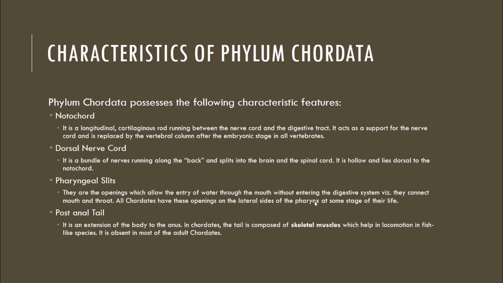All chordates have this opening on the lateral side of the pharynx at some stage of their life, including the invertebrate chordates and the vertebrate chordates. Then the post-anal tail. It is an extension of the body beyond the anus. In chordates, the tail is composed of skeletal muscles which help in locomotion in fish-like species. It is absent in most adult chordates, just like in us.